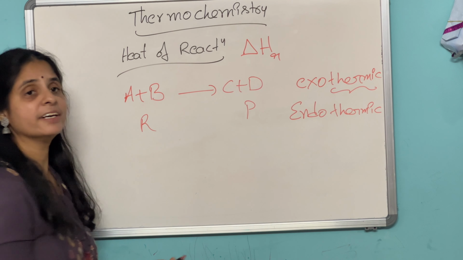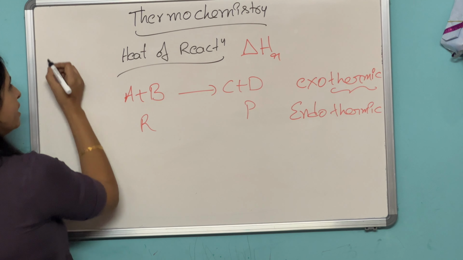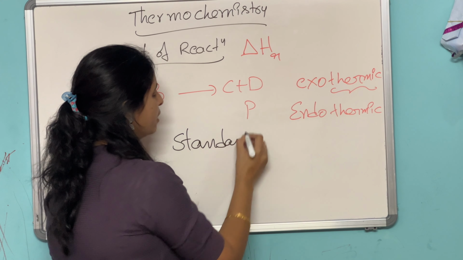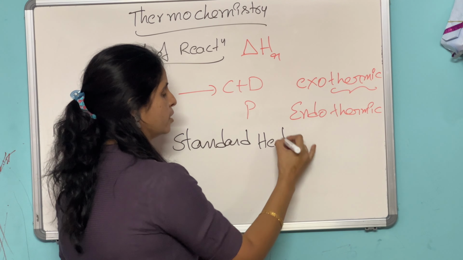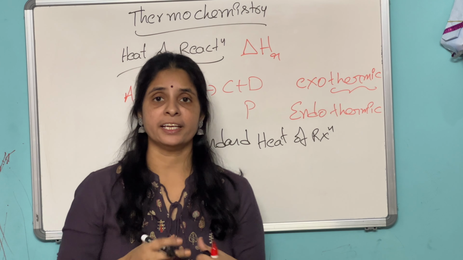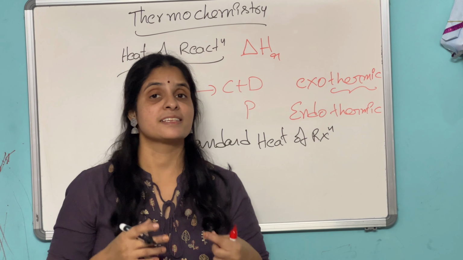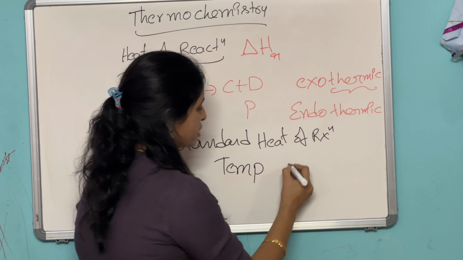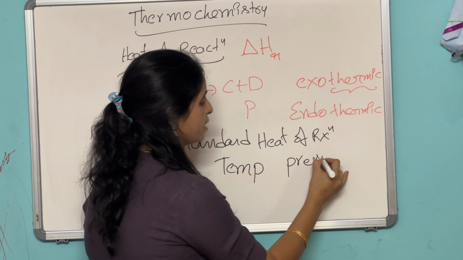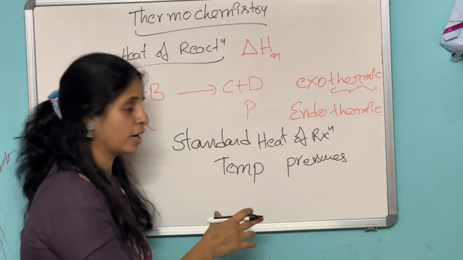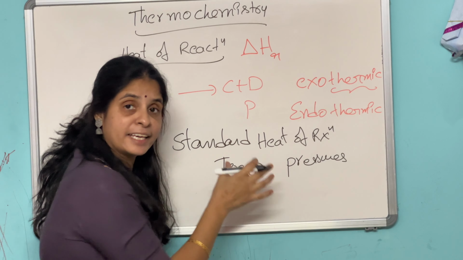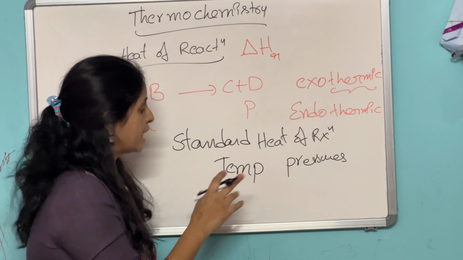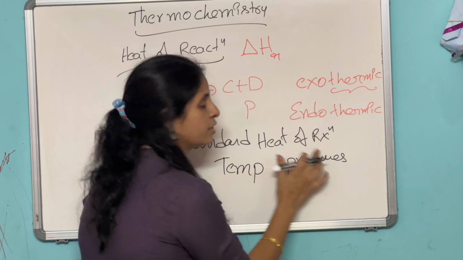Now what is standard heat of reaction? If any reaction takes place at standard conditions of temperature and pressure, then in that chemical reaction, whatever the heat change is, we call that the standard heat of reaction.